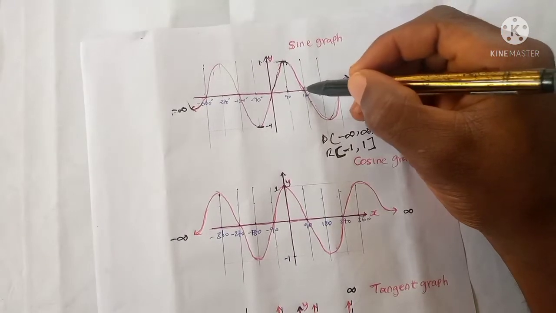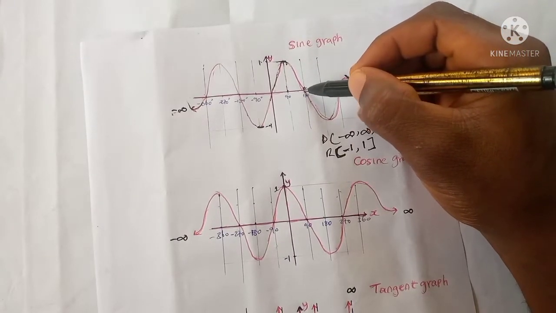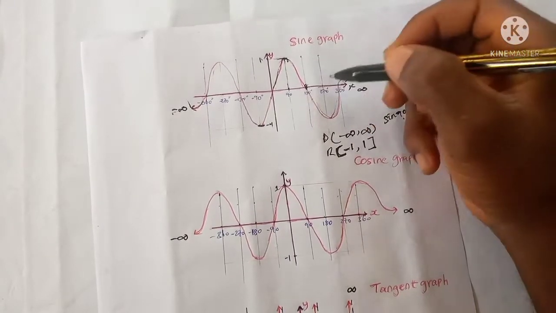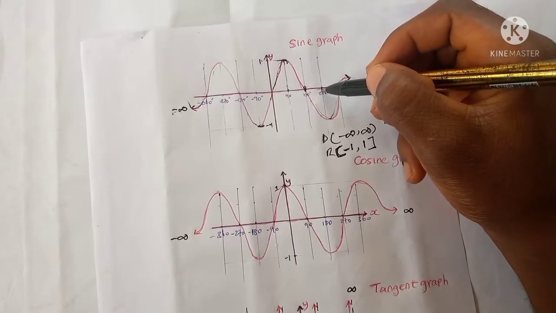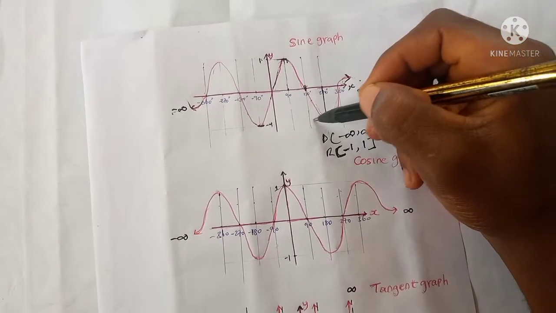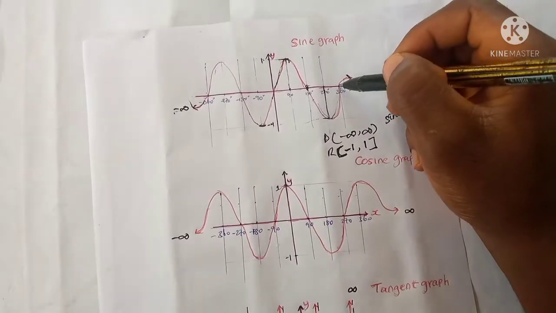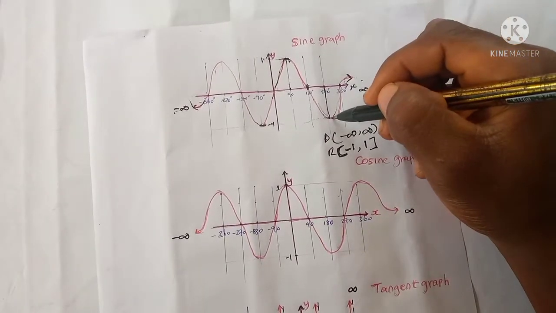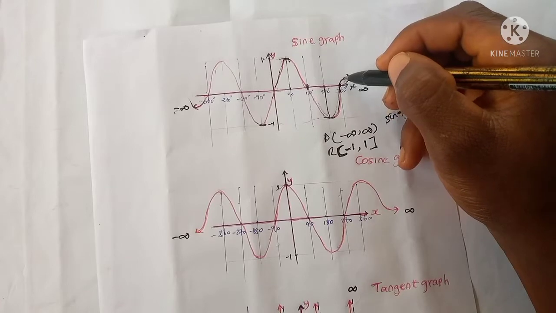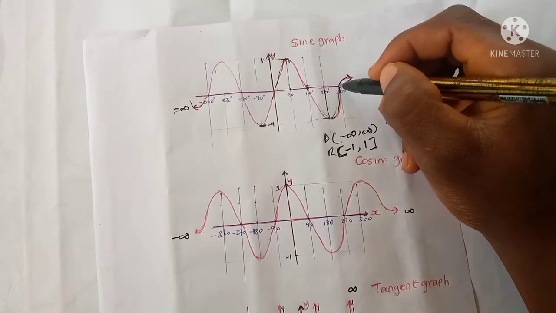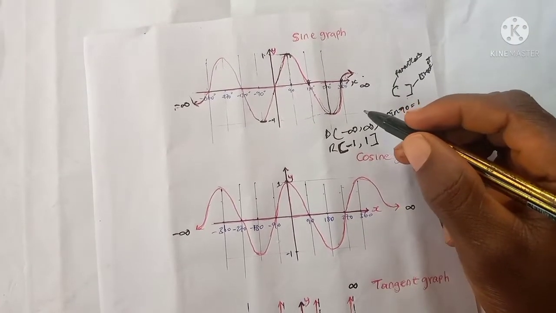Sine 180 is 0 because 180 is on the x-axis. Sine 270, if you trace it down, is negative 1. And sine 360 is 0 because, according to this graph, it cuts the x-axis at 360. So this is how you find the range of sine theta.